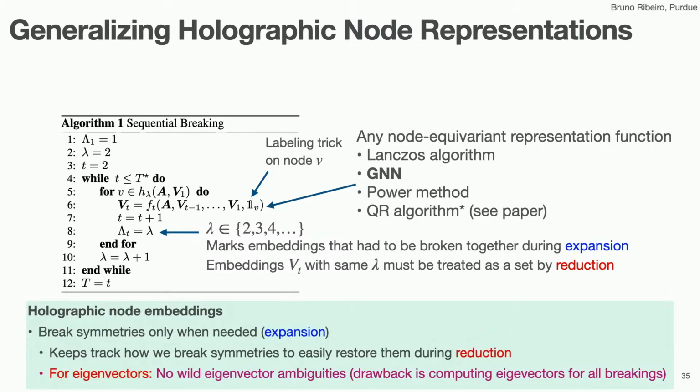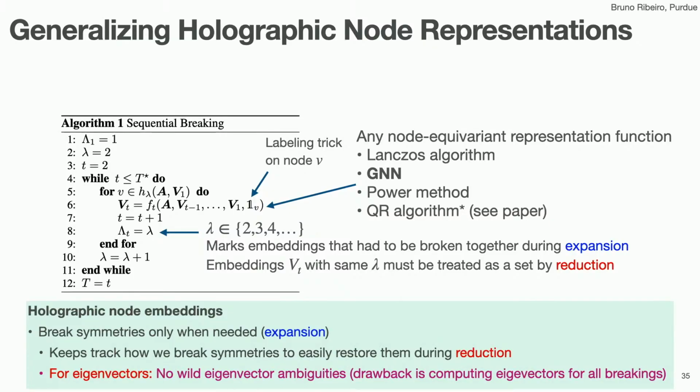Okay, so the idea is to break the symmetries through the expansion map, and then keep track of how we break the symmetries to restore them through the reduction map. So essentially, for eigenvectors, for instance, you don't get wild eigenvector ambiguities. The drawback is that you're not going to do all breakings because it's exponential. So you try to contain this, right?